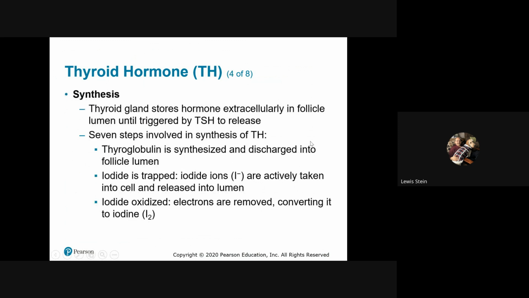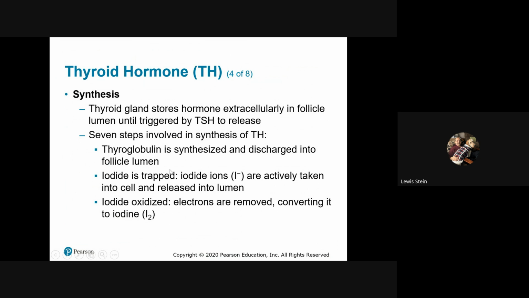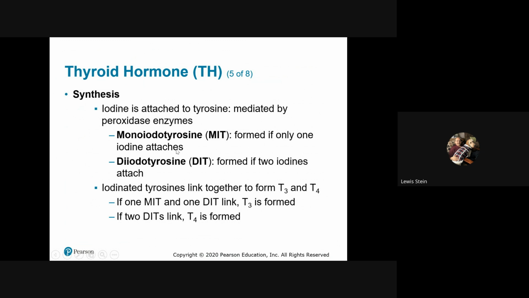And as you can see, the gland stores those, and effectively, when it receives a signal, it makes that globulin, that colloid that you see, and it's discharged into the follicular lumen. And then iodide ions, I with a negative charge, are required. As you can see, without going into the chemistry, you have these two units, the mono and the diiodotyrosine, and they link up.